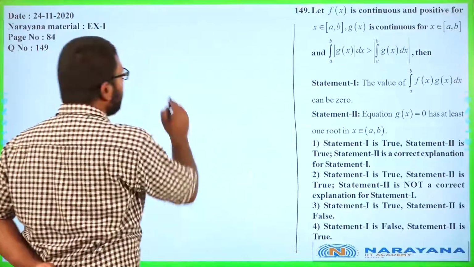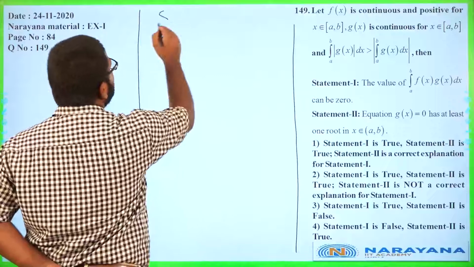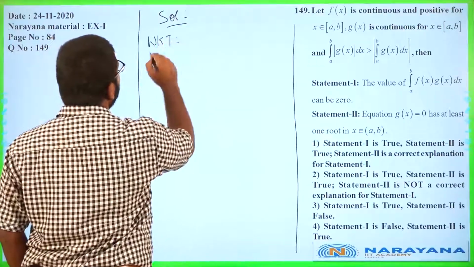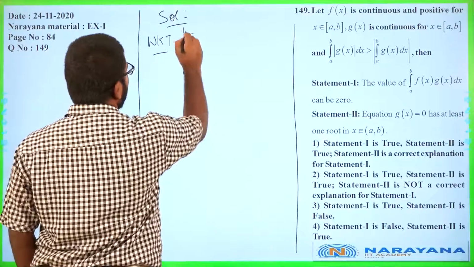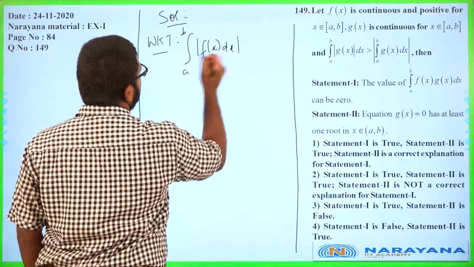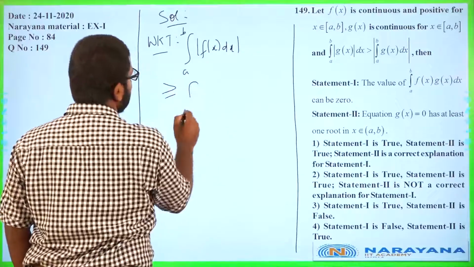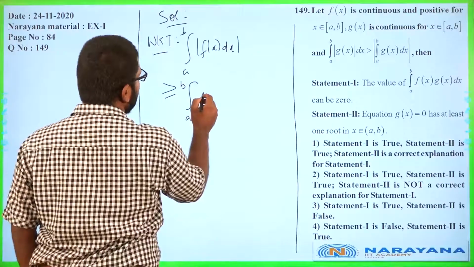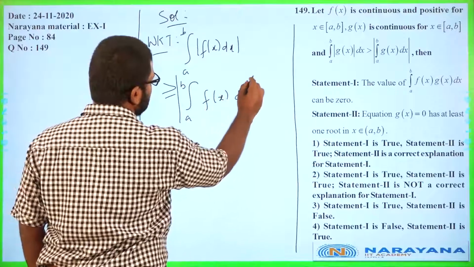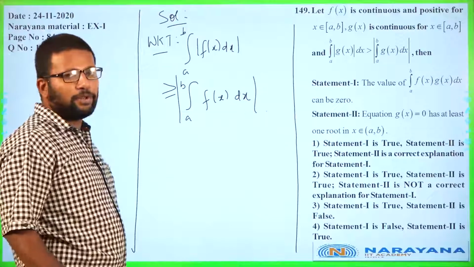Okay. So, in order to make sense of this, first ask yourself, you must have studied this property. We know that integral between any interval of mod f(x) dx is greater than or equal to mod of integral a to b f(x) dx, correct, greater than or equal to.